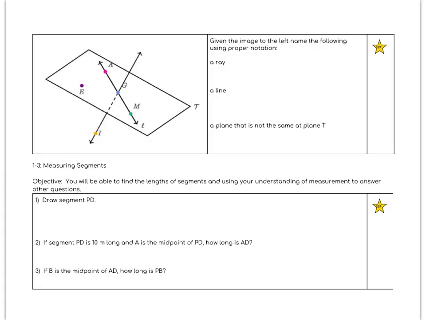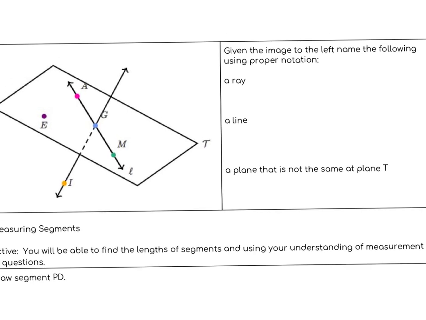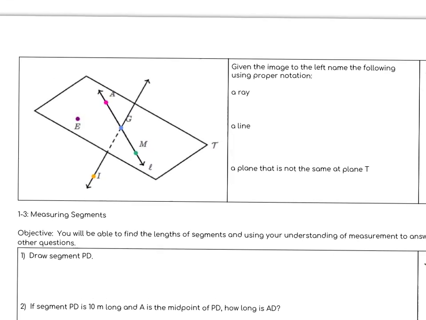Okay, here's the start. It's actually kind of in the middle of the vocab thing that we looked at a few minutes ago. And here you're asked to kind of use that vocab to make some sense of these terms. So let's name some stuff. So let's name some rays, and I'm going to name several.